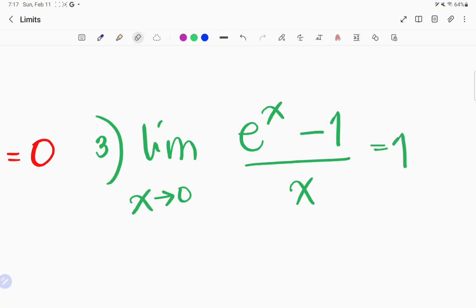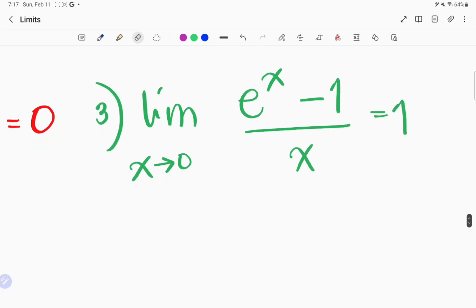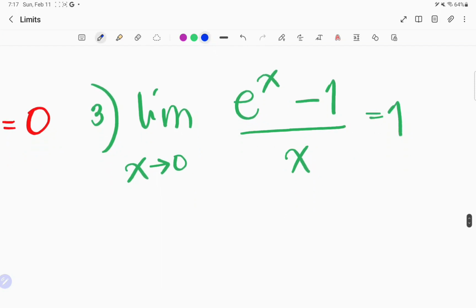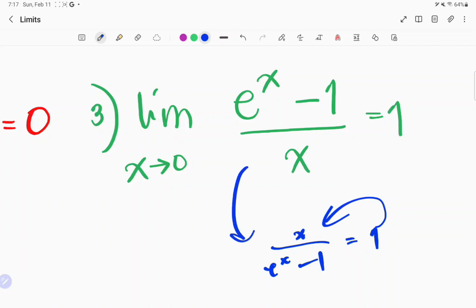If we are going to reciprocate this function, x over e raised to x minus 1, it is still equal to 1, because the reciprocal of 1 is 1 over 1, meaning the reciprocal of e raised to x minus 1 over x, which is x over e raised to x minus 1, is also equal to 1.